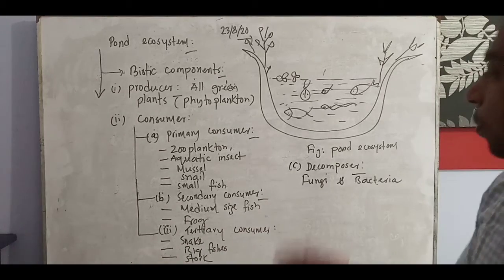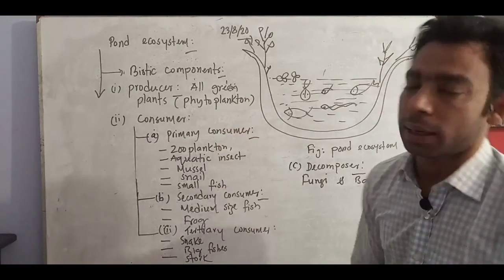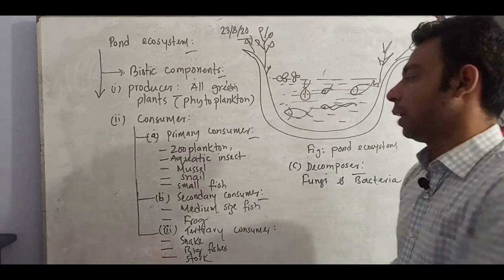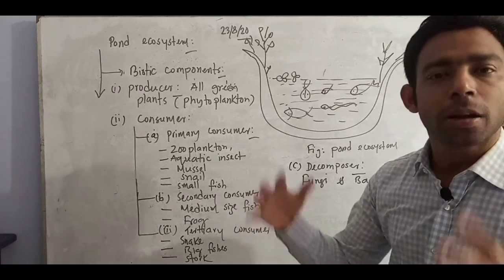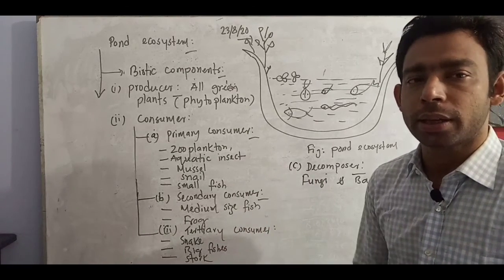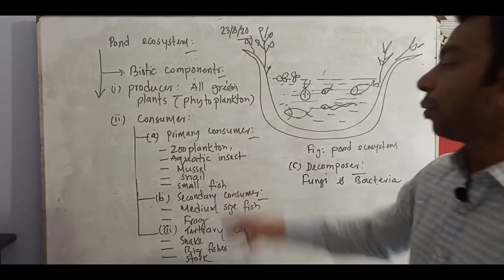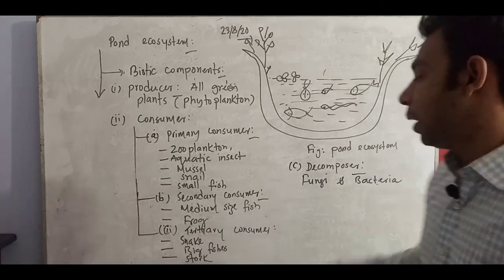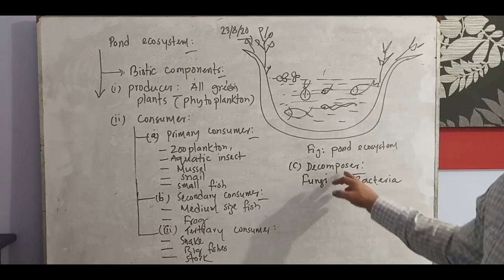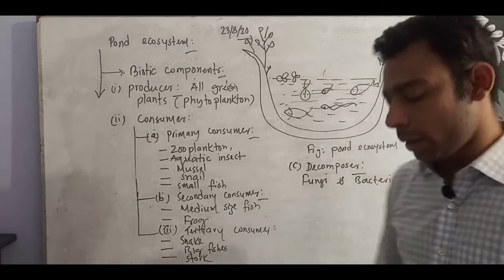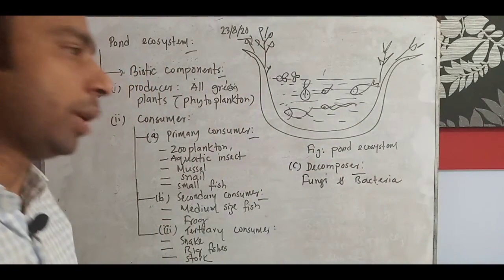And after the consumers, there is the decomposer. When they spend their lives, they can die, and at that time the dead parts can be rotten and mixed up by the decomposers. Fungi and bacteria are the great examples of that. So I hope in this way you can explain it.